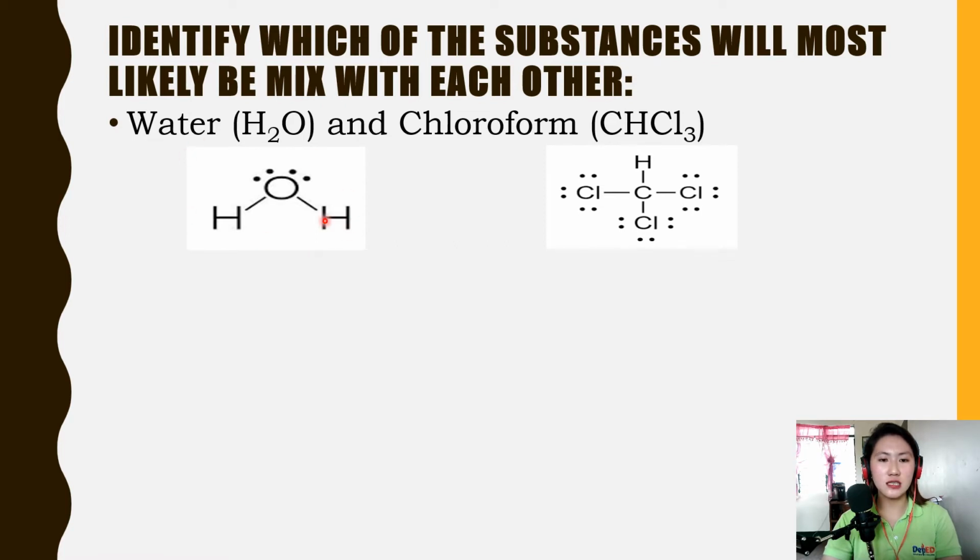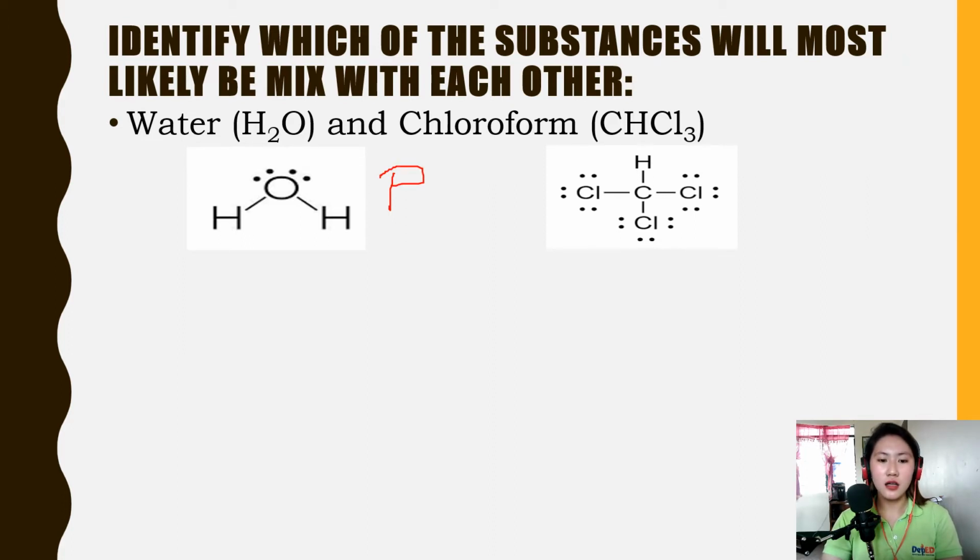As you can see, in H2O, there are electrons that are not yet bonded with other atoms. This means that in H2O, the electrons are not equally distributed, so it is a polar molecule.